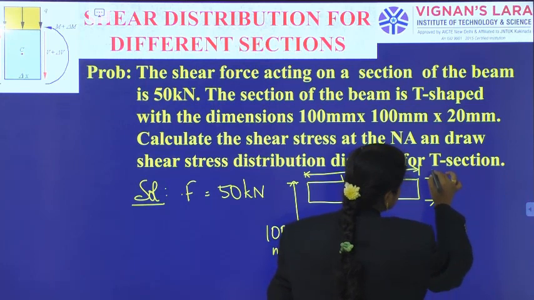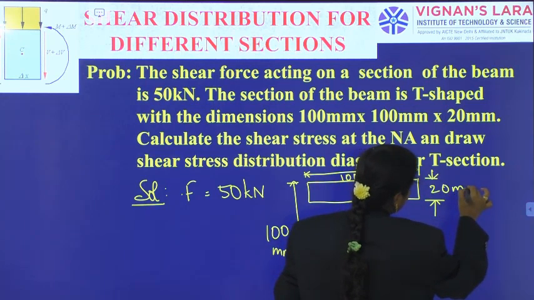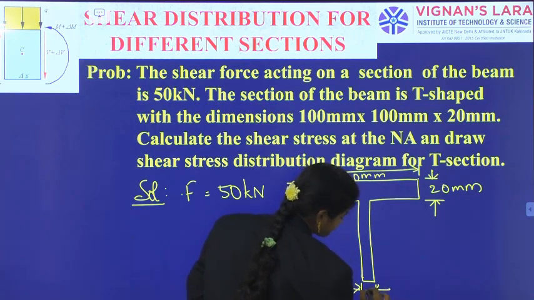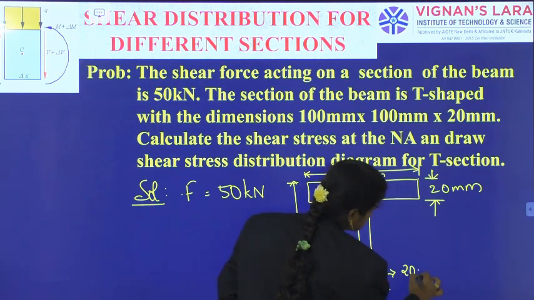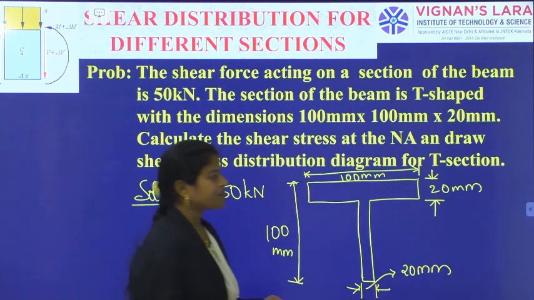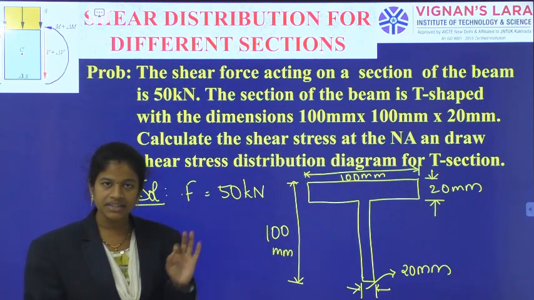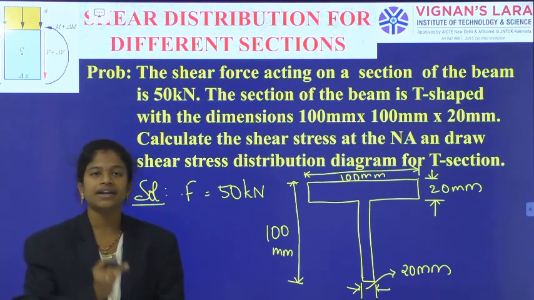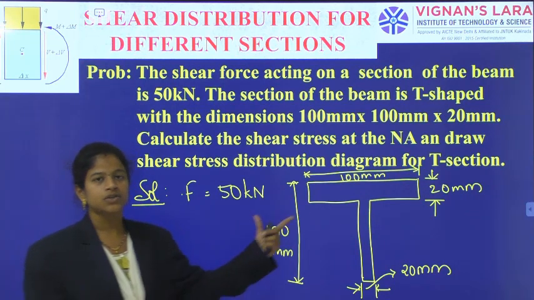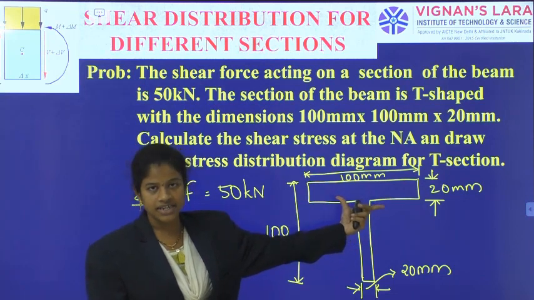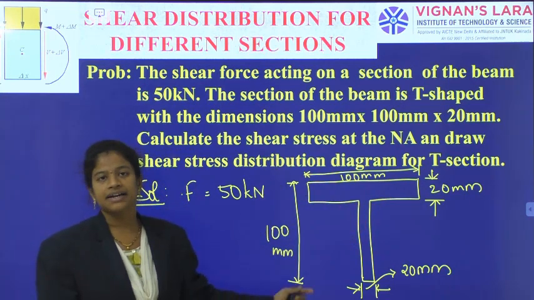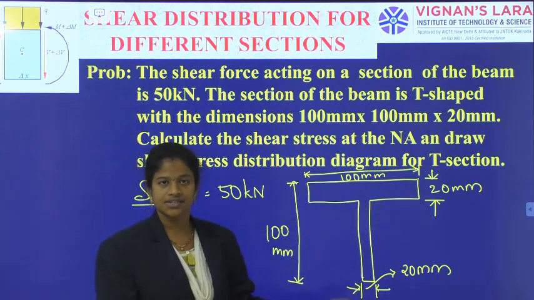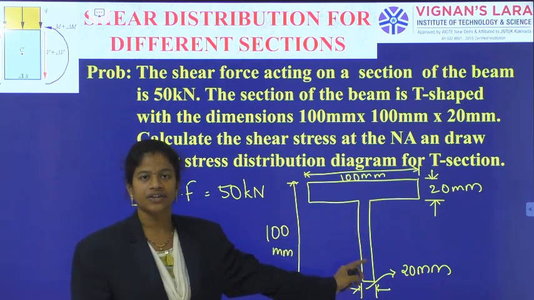So for the flange as well as for the web portion, the thickness is 20 mm only. But they have given 100 by 100 by 20. We should understand what is 100, what is 100 and what is 20. Okay. So, the section with a width of 100, overall depth of 100 and thickness of web as well as thickness of the flange is 20 each. Okay. So, this is our generation of the T section.